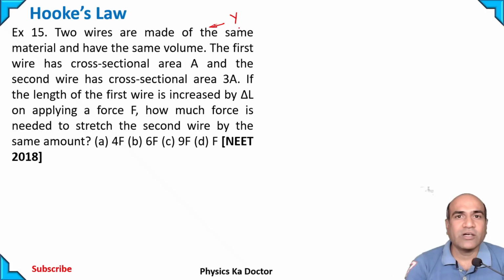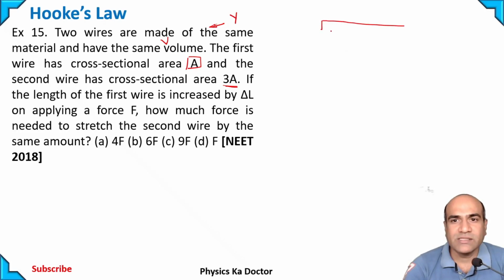Both have equal Young's modulus and the same volume. The first wire has cross section area A and the second wire has cross section area 3A.